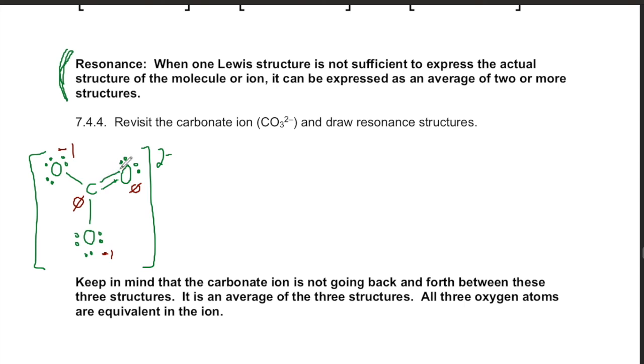And also, we do not have one oxygen being closer than the other 2. So this Lewis structure does not completely indicate the kind of behavior that we see in reality for the carbonate ion. It's actually a lot more symmetrical than this Lewis structure would imply.